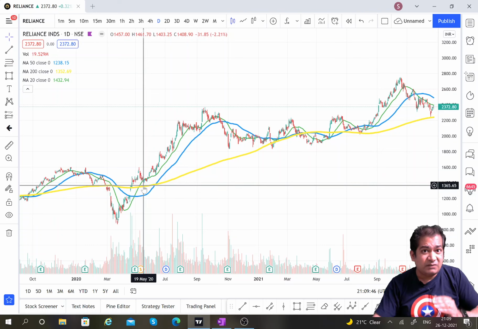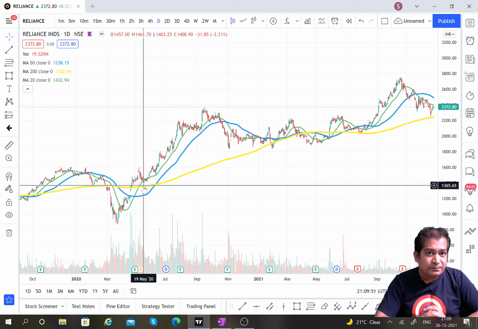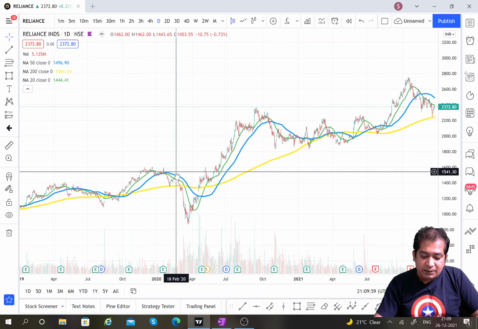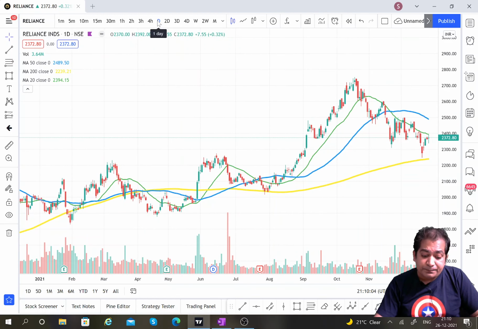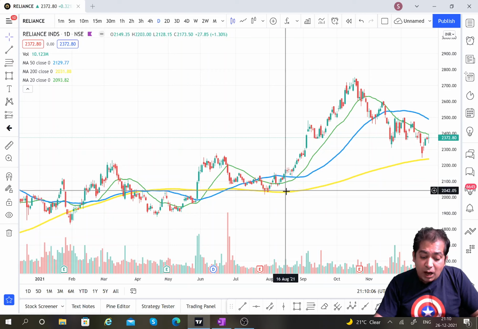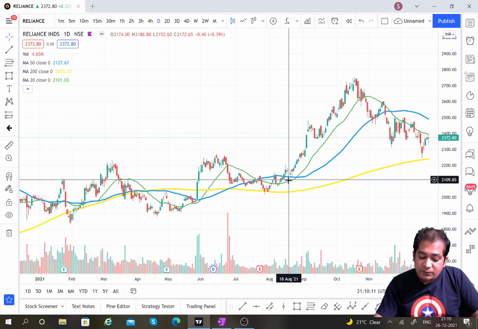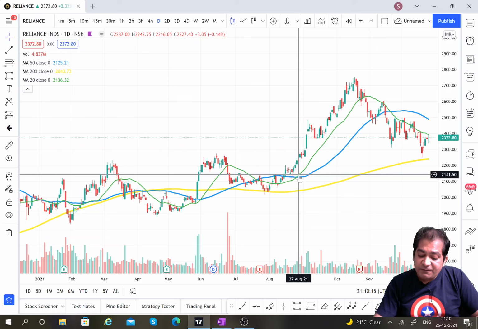It means it will stop the price from crossing it or from coming down. It can breach, it will breach eventually, but you cannot take that trade there. So you always look for an opportunity where the stock is trading on a daily time frame above your 200 period moving average, and then the crossover happens between the 20 period and 50 period, and then you can take a trade and ride along.